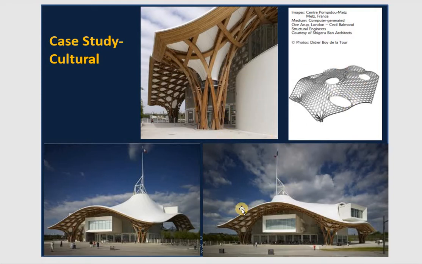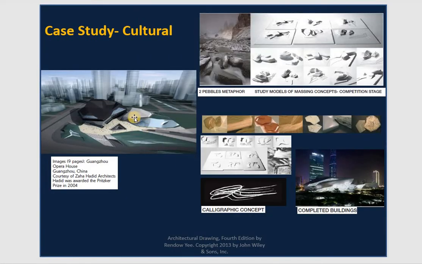In this one, you use a lot of curved lines, and the project shows some part of the cultural background. This is one of the cultural projects. You can see they can start from a very small one in the model, and after that they develop it.